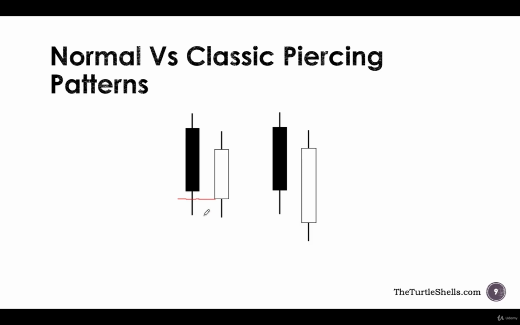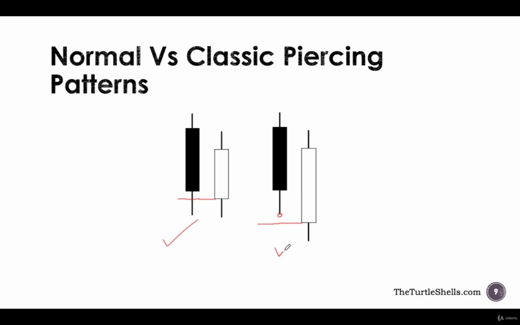I would not say that it's a perfect piercing pattern, because for a perfect piercing pattern, we need the opening of the white candle to be below the prior black candle's low. So I would call this a normal piercing pattern or a variation of a piercing pattern.